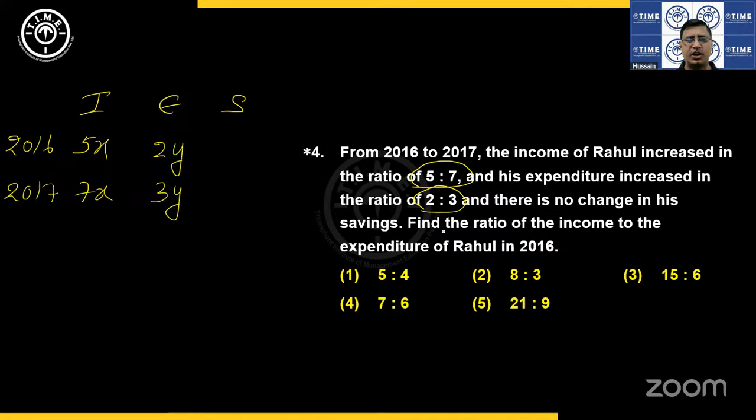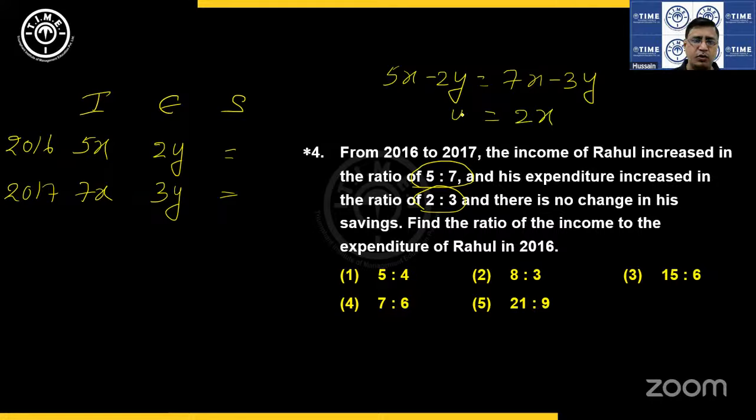There is no change in the savings, so 5x minus 2y is equal to 7x minus 3y. By taking variable x on one side and y on the other side, now 2x is equal to y.